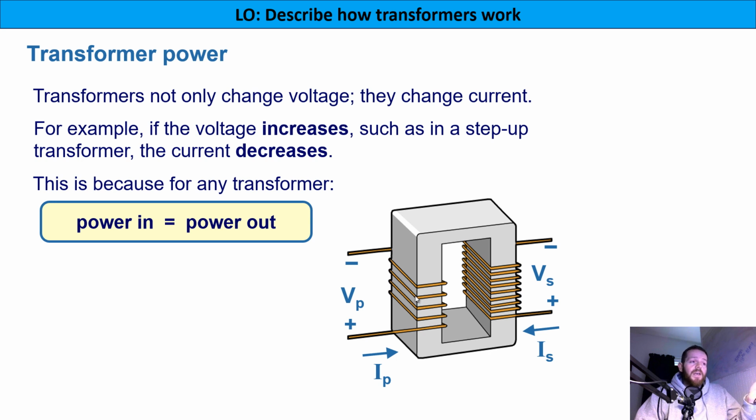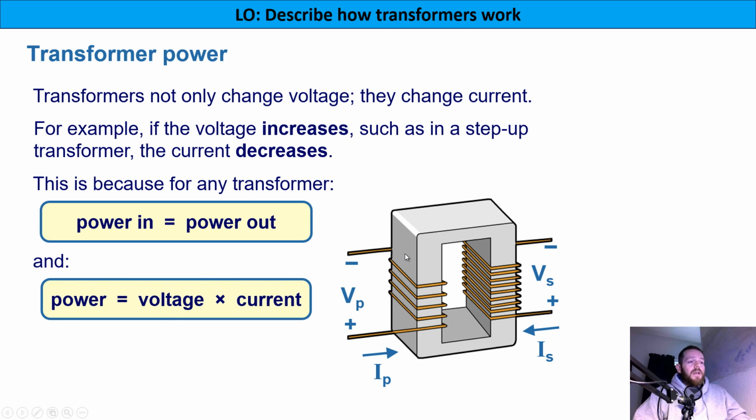So there's a tiny bit of energy loss. But the amount of energy that's conserved when you're trying to transmit this across the country is well worth that small amount of energy loss, because otherwise we'd lose even more by not changing it. By keeping it at a lower voltage and a higher current, we'd lose way more in the lines than we would doing this, even if the transformer's not 100% efficient.